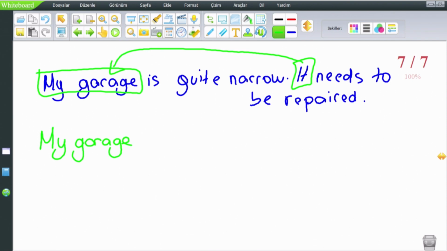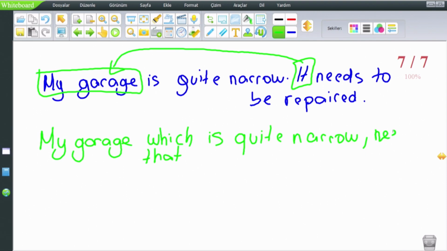My garage, again, it depends on which is the extra information you want to deliver. I will go with the first sentence. My garage, which or that, is quite narrow, needs to be repaired.